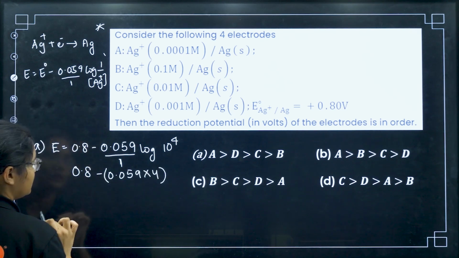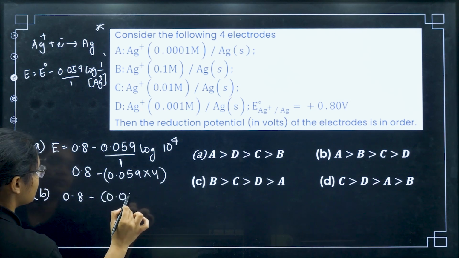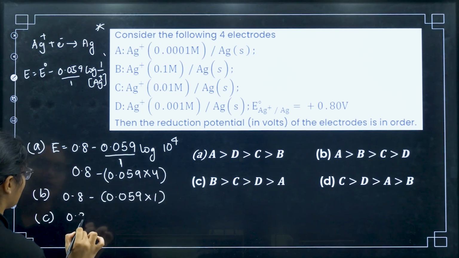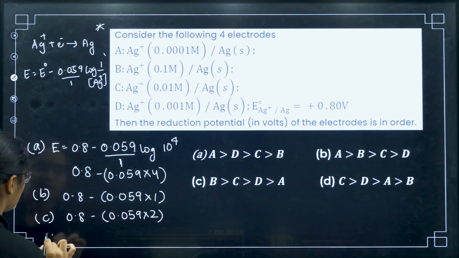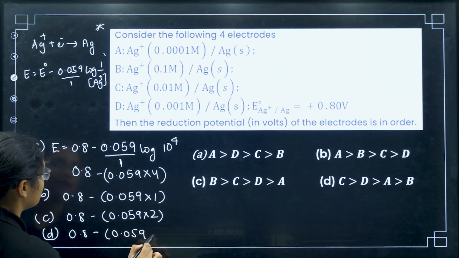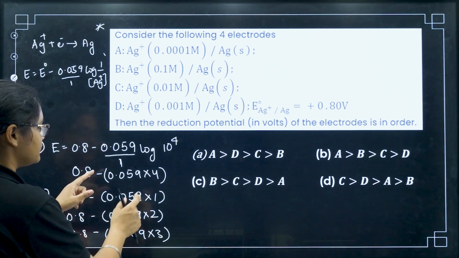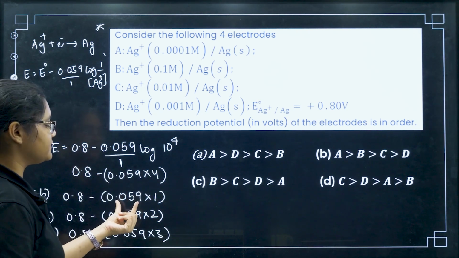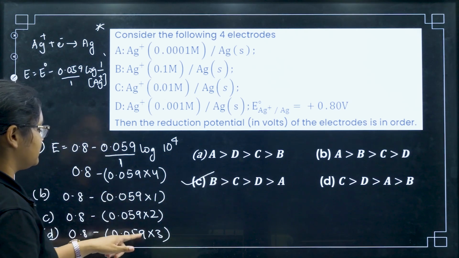Okay, that is my option number A. Similarly, if I just write down directly, I will get 0.059 into 1. Then here I will find 0.8 minus 0.059 into 2. And here I will get 0.8 minus 0.059 into 3. Right? So you are subtracting a number. Now see, this number is very big, so if you subtract, this value will become less. Here you are subtracting a smaller number, so this value will be big. So B, then C, then D, and then A.